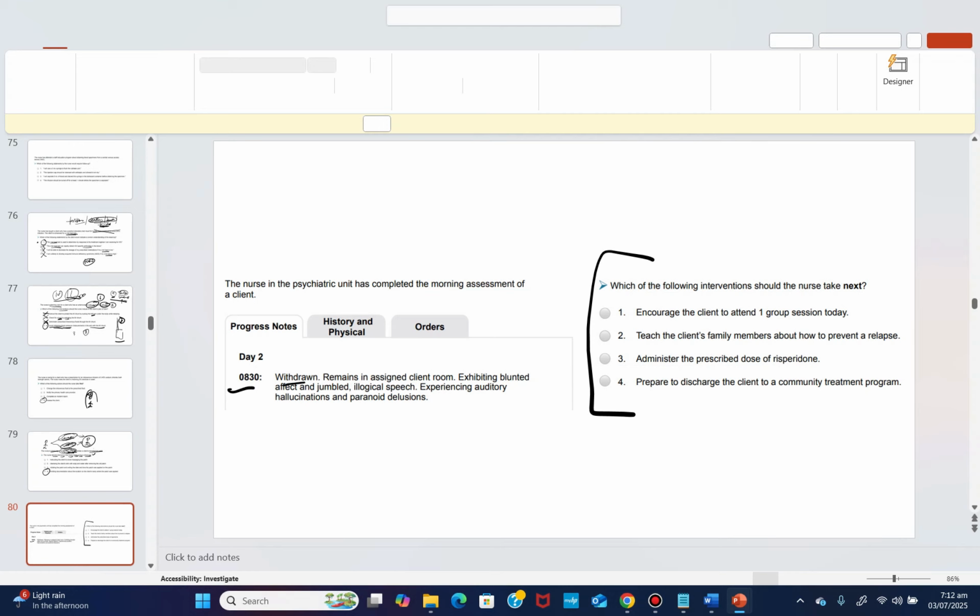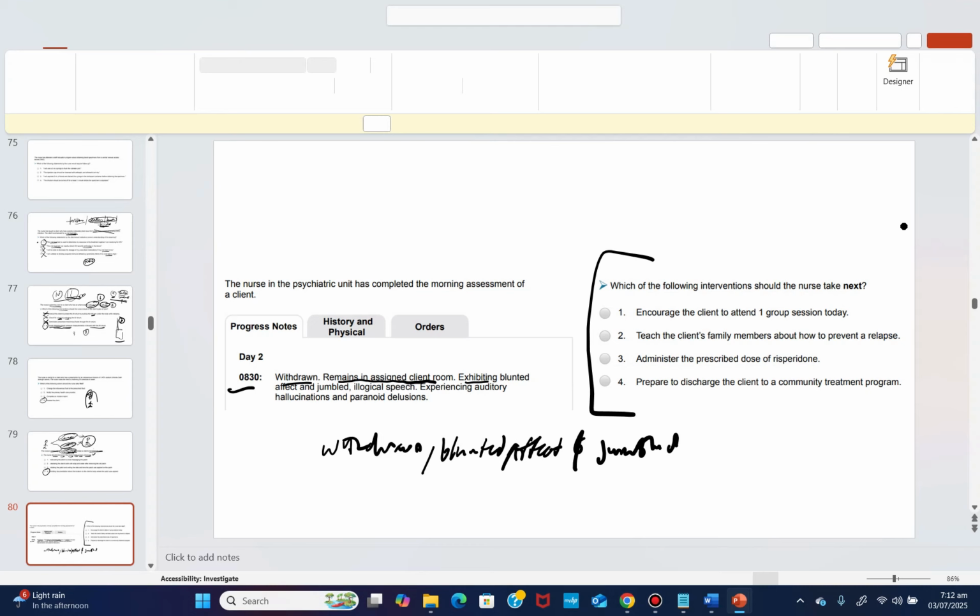So now this withdrawn is not a good thing for the patient. They said remain in assigned room. So this is not really a problem. They said exhibiting blunted affect and jumbled speech.